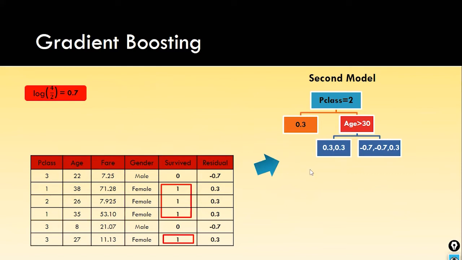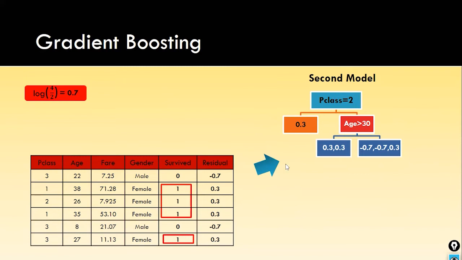It may seem odd that we are considering the residual as a target variable. So this is how it works. As we move further, you will understand why it considers the residual as a dependent variable. The idea here is that the second model predicts the error or the residual.